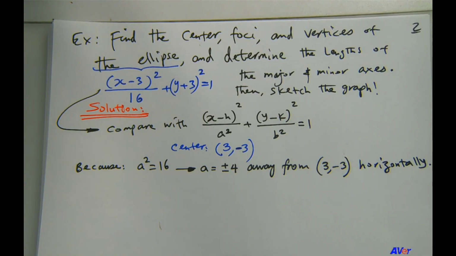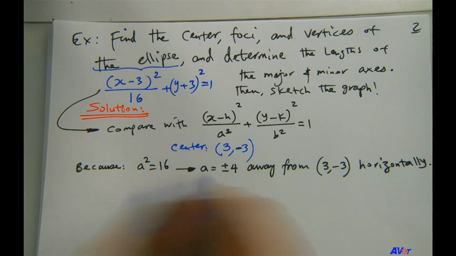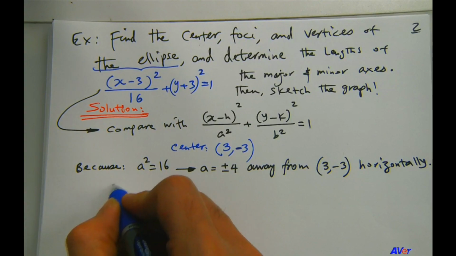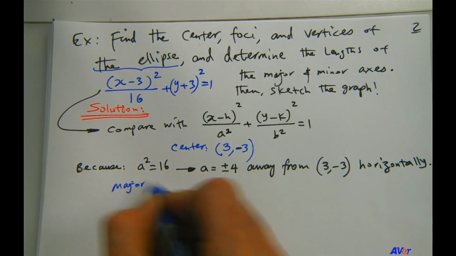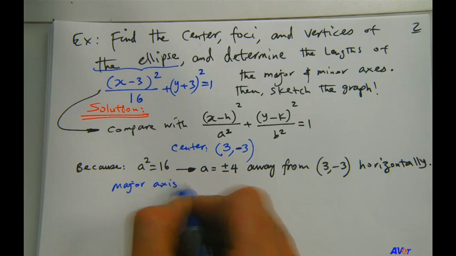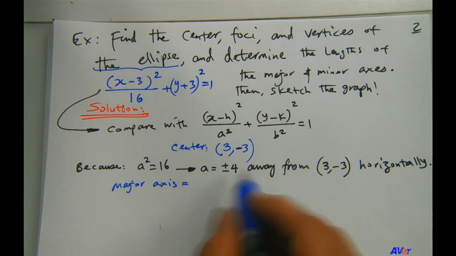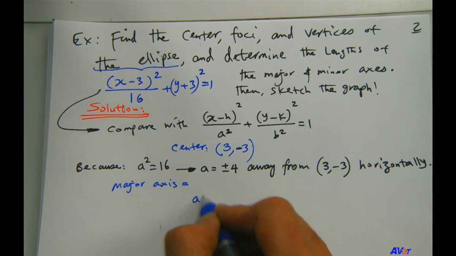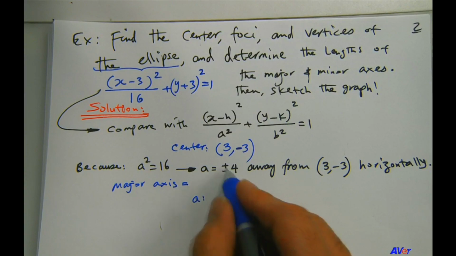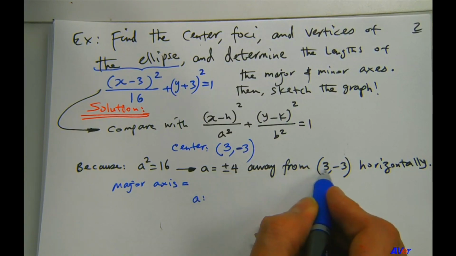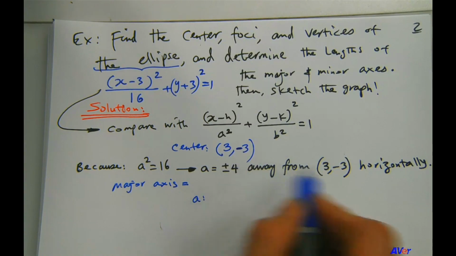Okay, that means the major axis is equal to, let's first find the vertices. It'll be plus or minus a, which is plus or minus 4 away from this point horizontally. So 3 plus 4, 3 minus 4.